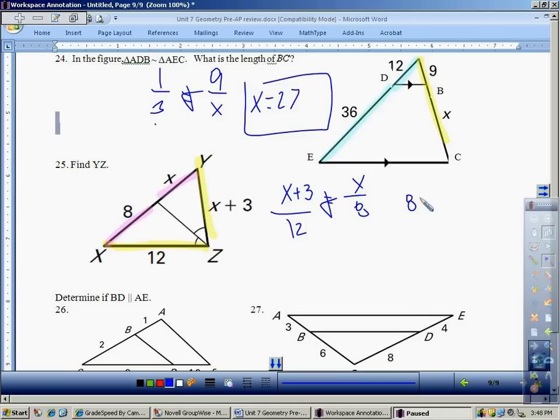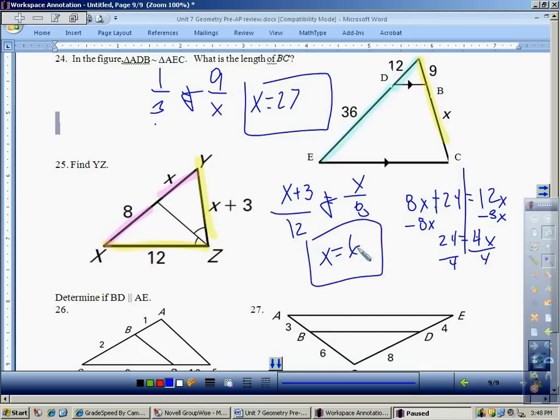And I get 8x plus 24 equals 12x. Subtracting 8x from both sides leaves me with 24 equals 4x. Divide both sides by 4, and I know that x is 6.